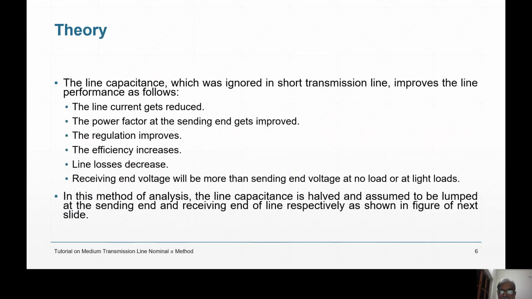The line capacitance, as we had discussed last time also, is increasing the complexity of calculation.